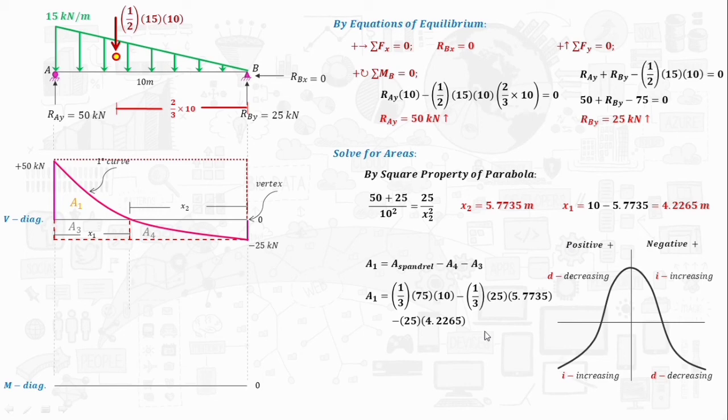So, therefore, area 1 is equal to positive 96.2250 kilonewton meter.